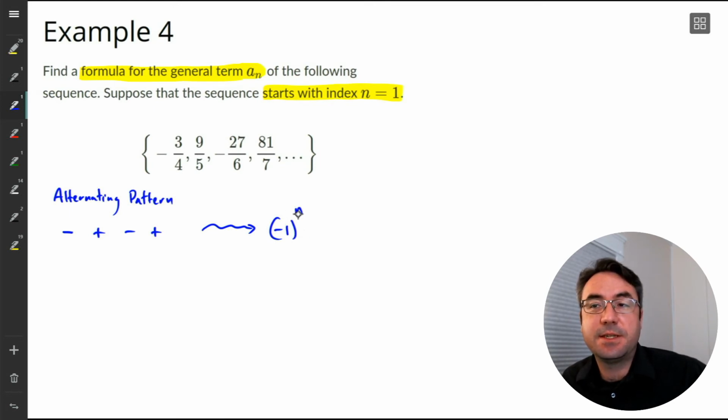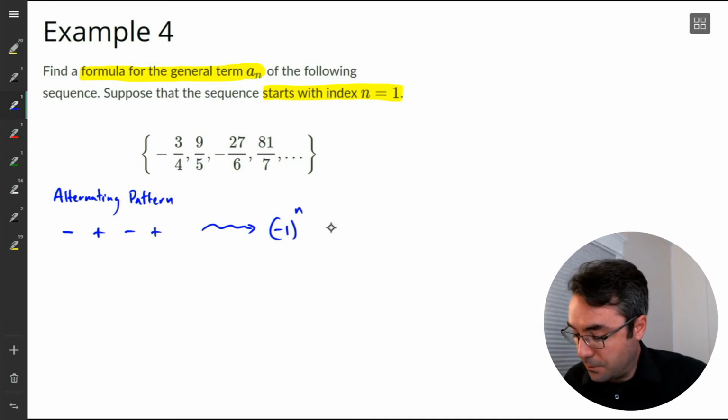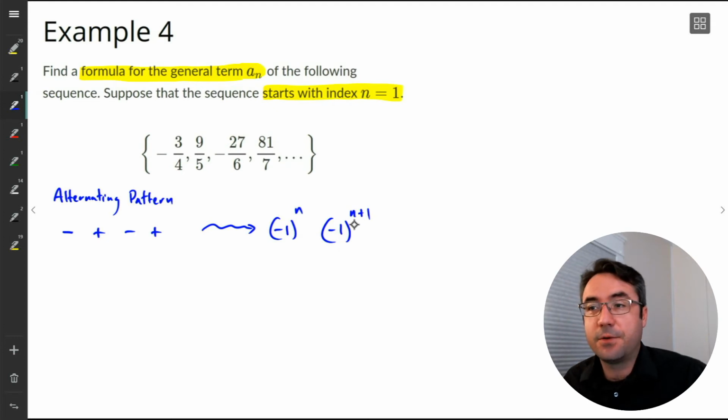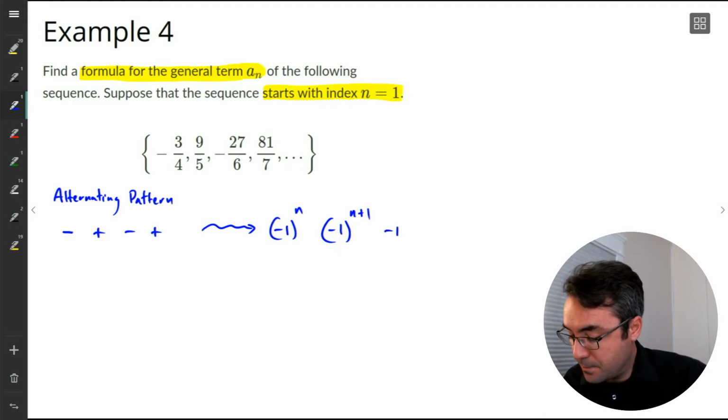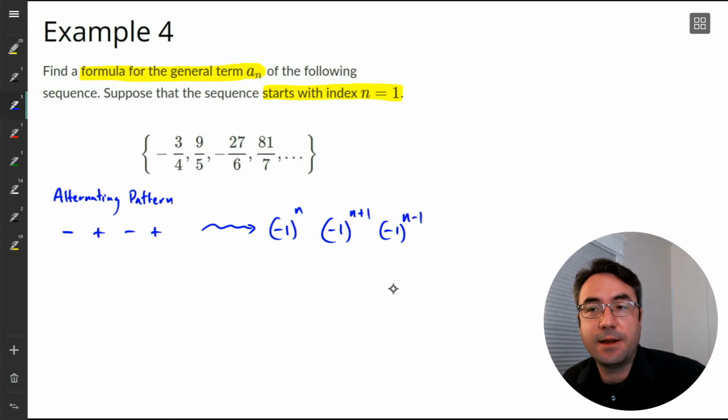Now, sometimes this doesn't always give us the right pattern, so there are some other choices that we commonly use. -1 raised to the n plus 1. Maybe -1 raised to the n minus 1, whichever is more convenient. And for the most part, these give us all the different cases.